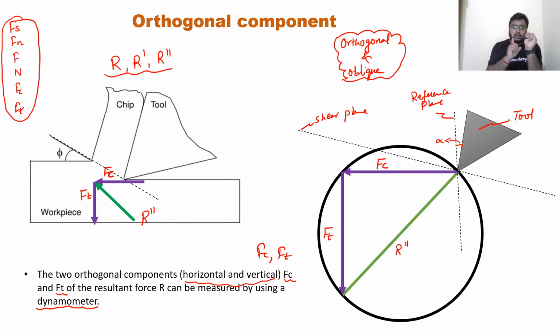So all three resultants would be equal, so that there would be no vibrations or chatter. So when all three are equal, and I draw all of them in one circle, when I try to wrap up all the forces, that is FS, FN, FF, FN, FC, FT, then how will the circle look?